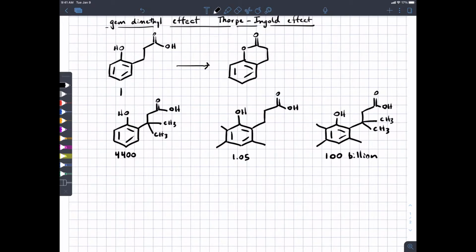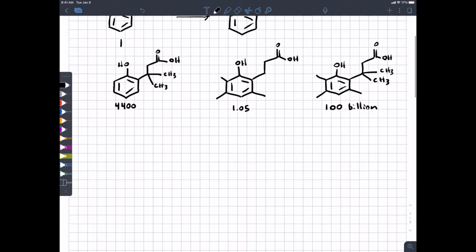So what's going on there? It's thought that this has to do with something called steric compression. Let's imagine the bond angle between two groups on a carbon where there aren't two other methyl groups. Basically, we're comparing bond angles in a secondary versus a quaternary carbon.